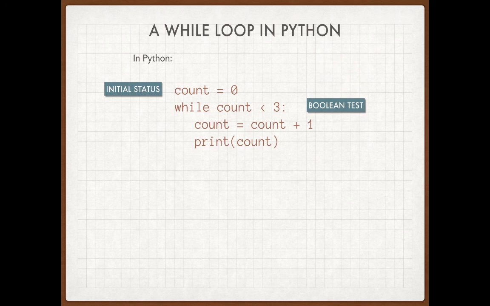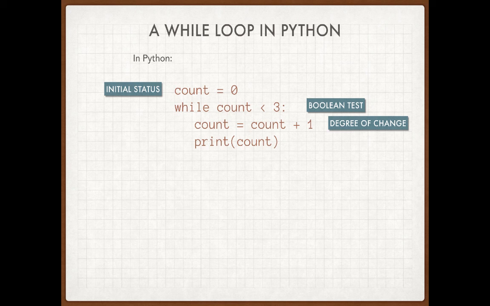As long as the value in count is less than the number 3, as long as that Boolean test evaluates to true, I will continue to repeat the block that follows. Now that block has a degree of change, and here's where I add 1 to the bucket count.